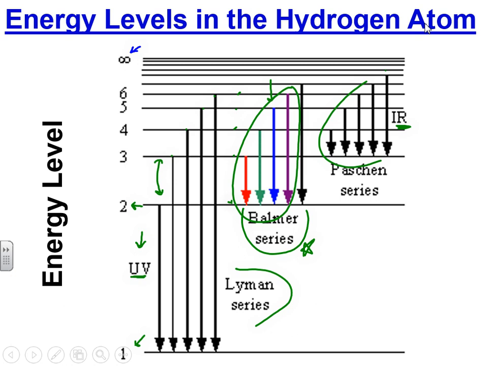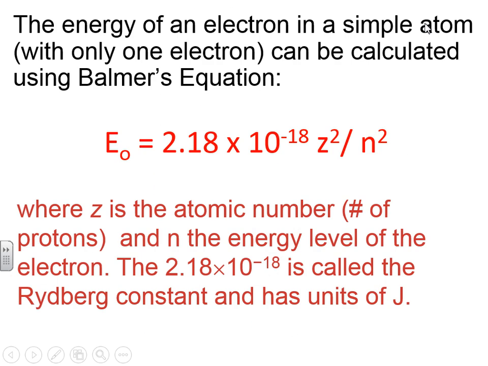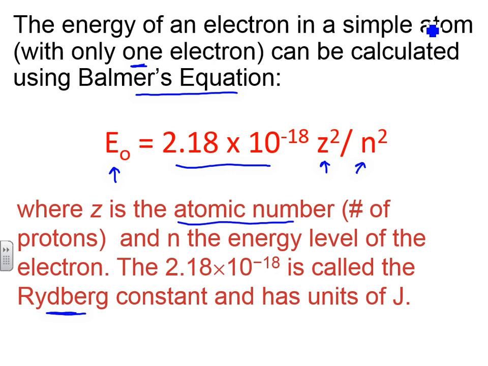Now, we can calculate the electron energy in a simple atom, meaning only 1 electron, using what's called Balmer's equation. Balmer's equation says that the energy of the electron is calculated by multiplying this constant, the Rydberg constant, by z squared over n squared. Z is our atomic number, which is the number of protons, and n designates the energy level: level 1, level 2, level 3, and so on.